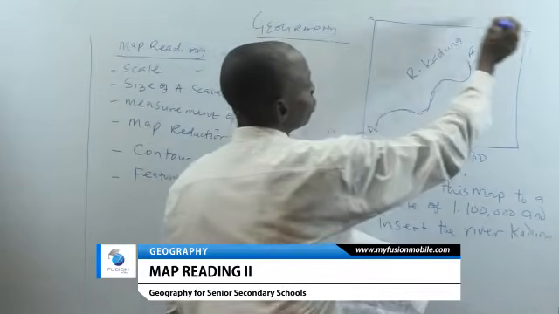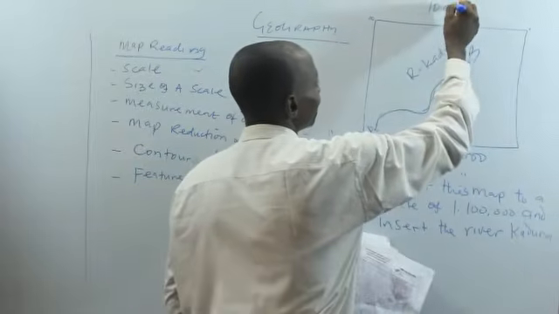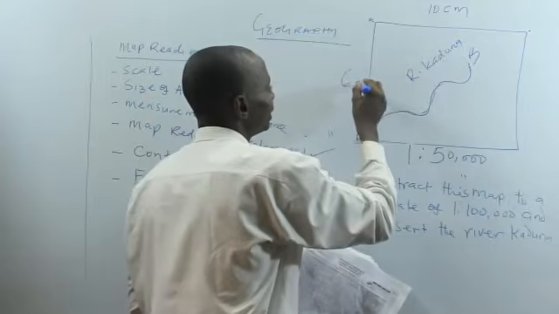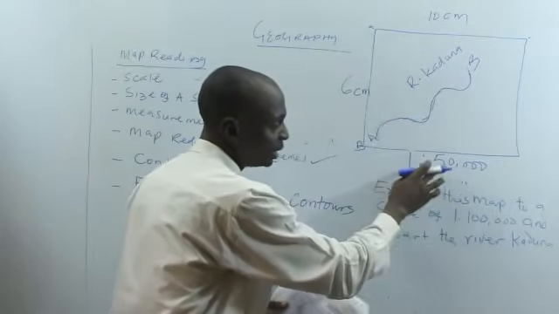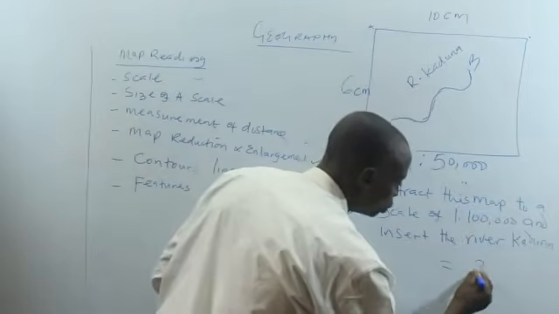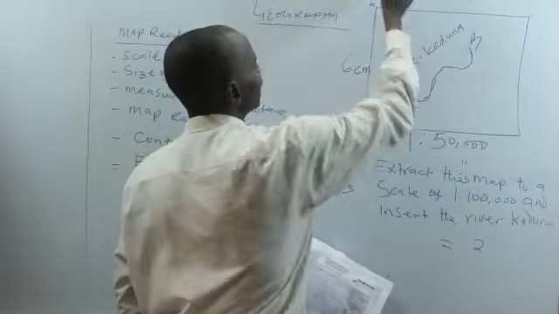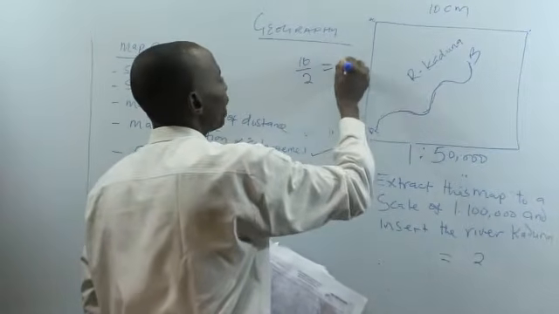From this point to this point, maybe it is 10 centimeters. From this to this, maybe it is 6 centimeters. Now, you know that if you divide this by this, it's going to give you 2. So, the length is 10. 10 divided by 2 will be 5.